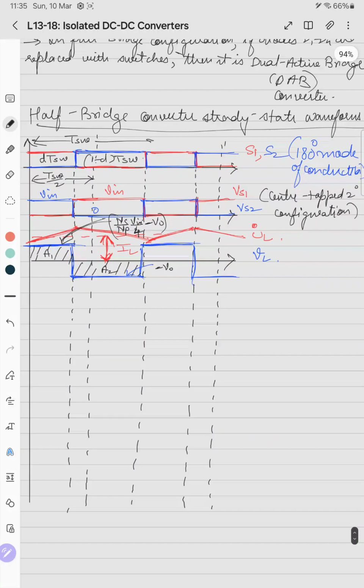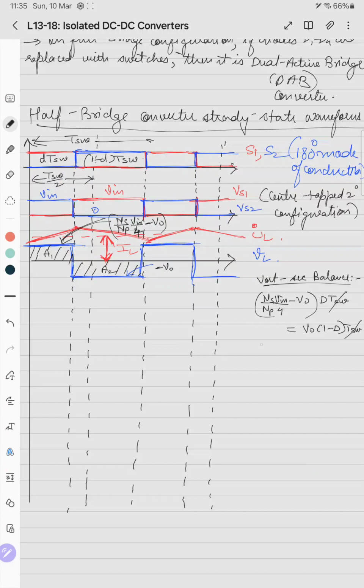Okay. So volt second balance, if we do, it will be Ns by Np V in by 4 minus V naught into D into T switching equals V naught into 1 minus D into T switching.